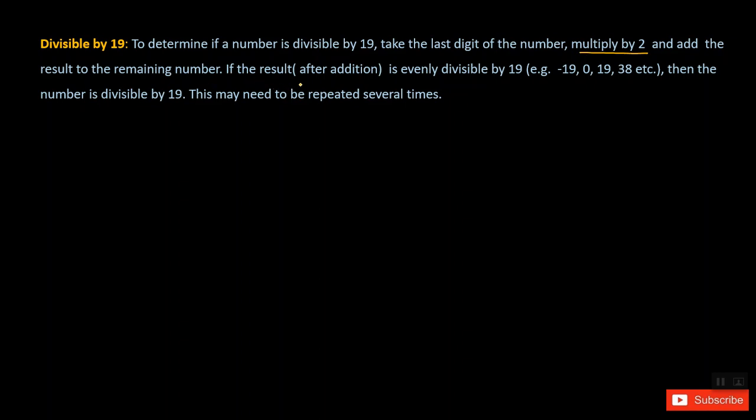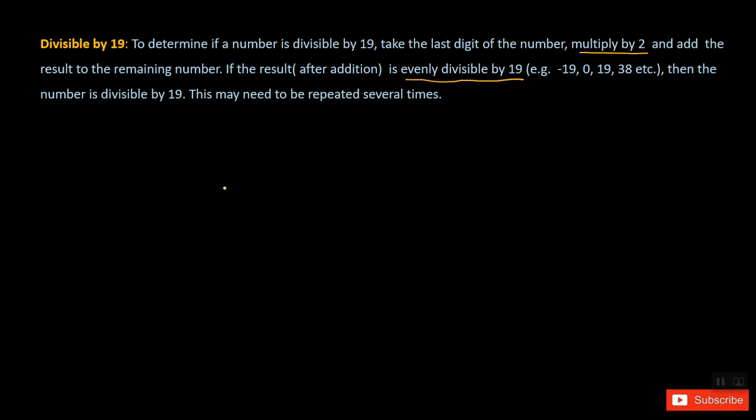If the result after addition is evenly divisible by 19, or is a multiple of 19, then that entire number is divisible by 19. This may need to be repeated several times. Here with 19 we are repeating the steps by multiplying the end digit by 2.